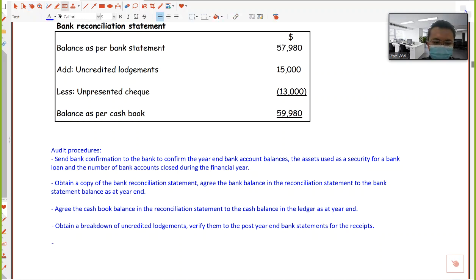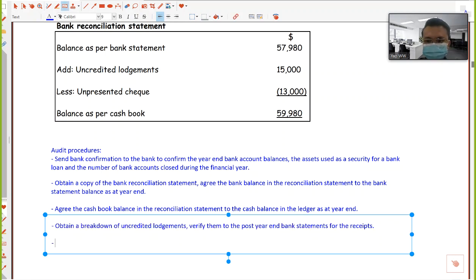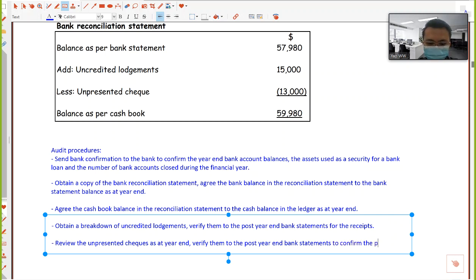So review the unpresented checks as at year end, verify them, okay, to the post year end bank statements to confirm the payment.